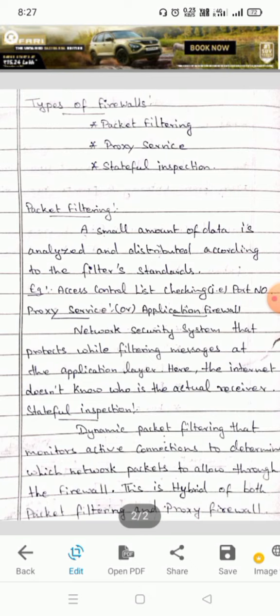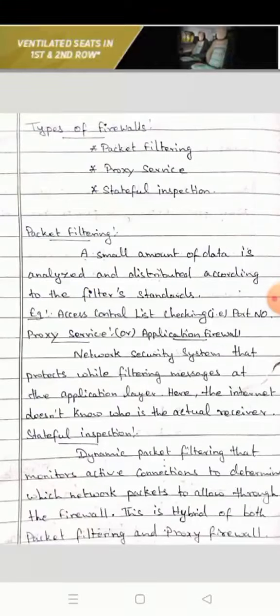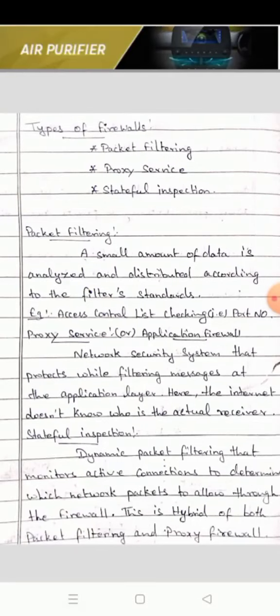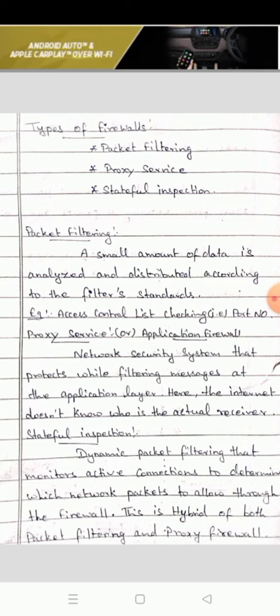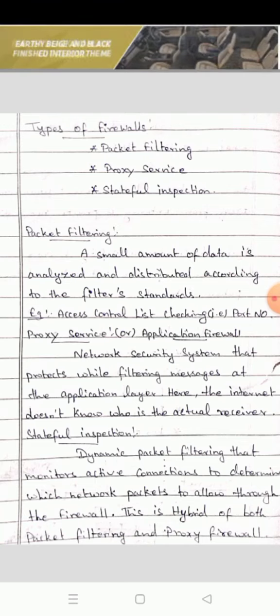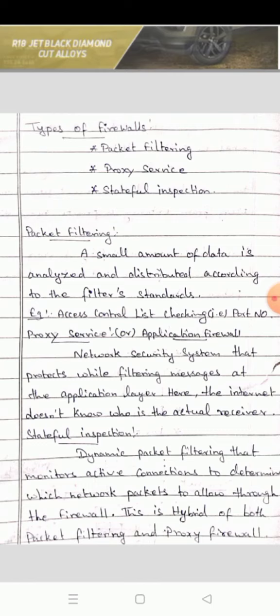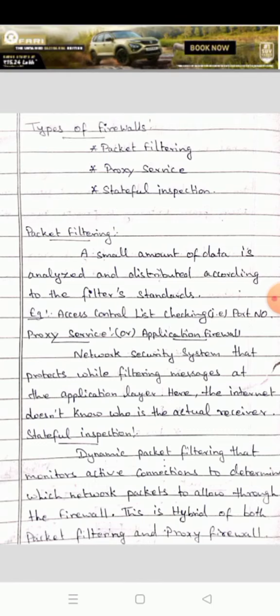For example, if we have to download 200 MB, the whole 200 MB is not downloaded at one time; instead 5 MB packets are downloaded. Those packets are filtered by the firewall, so only the packets we need are downloaded to our system. That type is the packet filtering firewall.